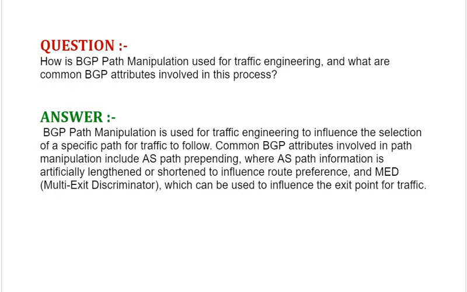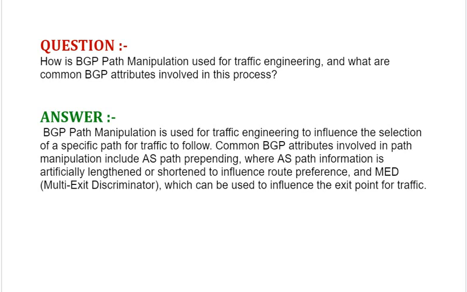Our next interview question is: how is BGP path manipulation used for traffic engineering, and what are common BGP attributes involved in this process? Your answer should be: BGP path manipulation is used for traffic engineering to influence the selection of a specific path for traffic to follow.